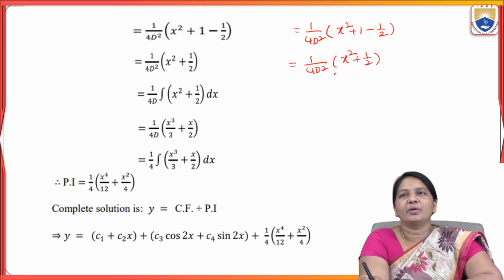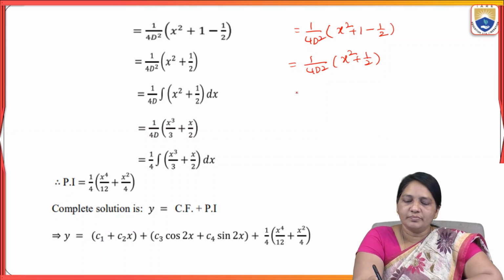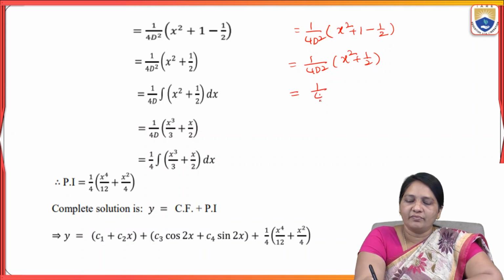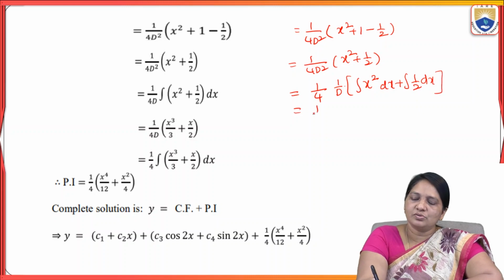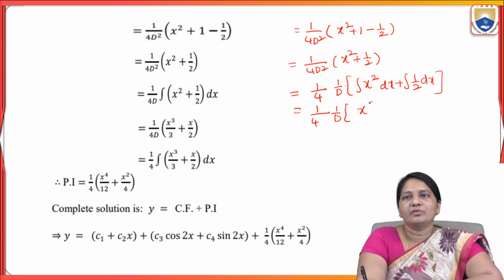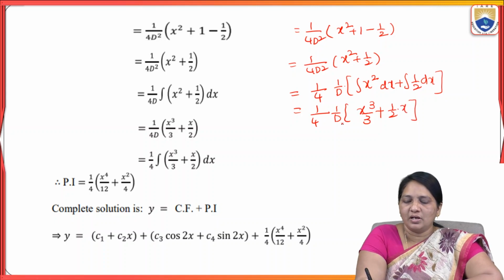Now we can apply 1 by D^2 on the two terms. First we will calculate 1 by D: 1 by D into 1 by D means integral x^2 dx plus integral 1 by 2 dx. So now one operator, 1 by 4 into 1 by D. Integral x^2 is x^3 by 3, plus 1 by 2 into integral dx is x. Now again I apply 1 by D on this.